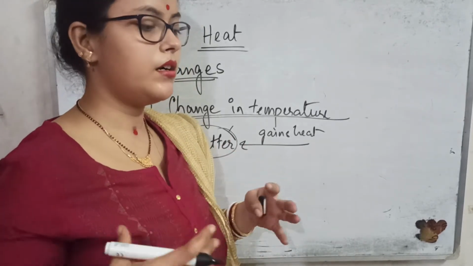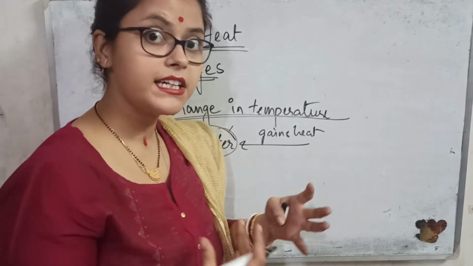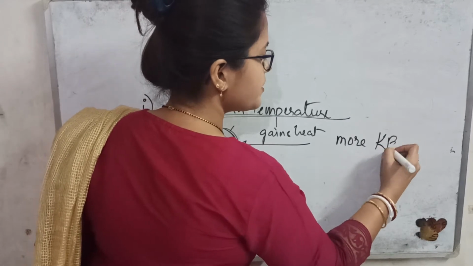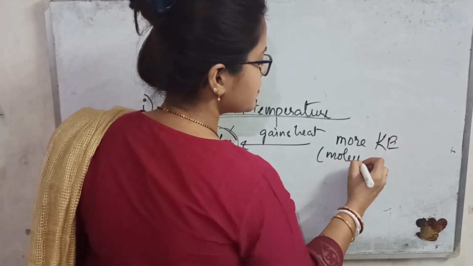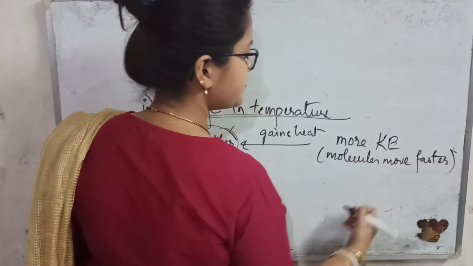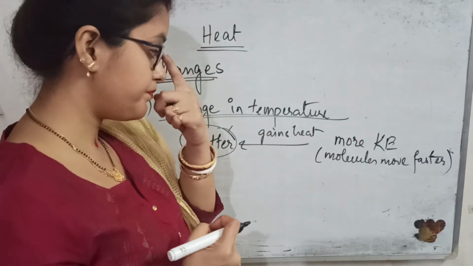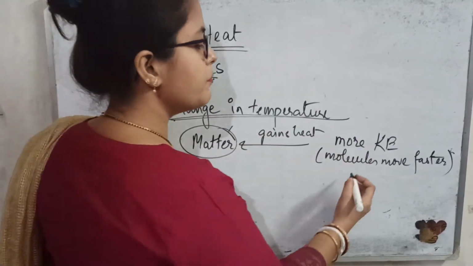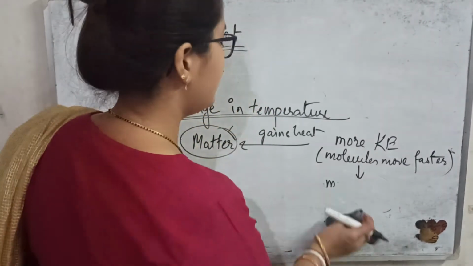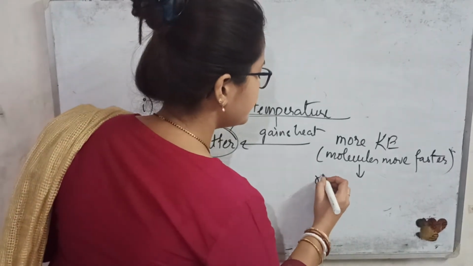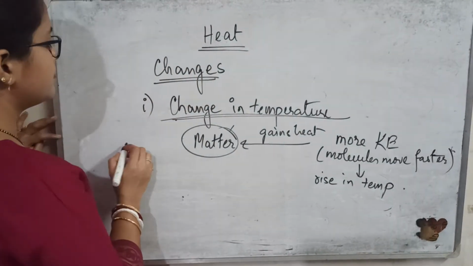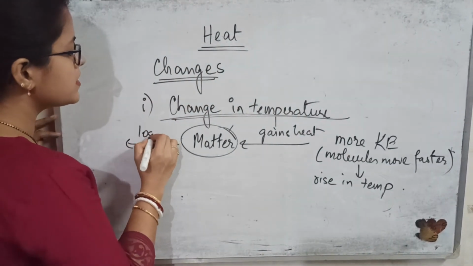And if they start moving faster, they will have more kinetic energy, because the molecules start moving faster than before when they gain heat energy. And if it is more kinetic energy, that means it will show a rise in temperature.